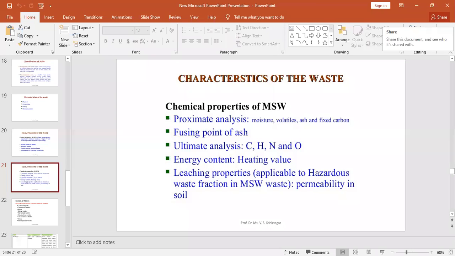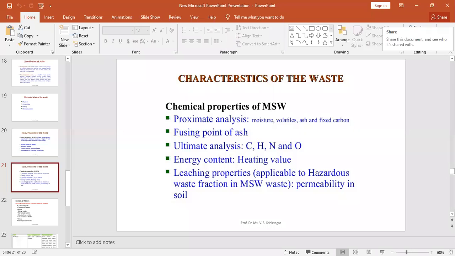Why should we understand the leaching properties? Because that leachate is going to percolate into the soil. So how thick is it, what is the concentration of that leachate? If it is thick, then during percolation in the soil, the solid particles or organic impurities in solid form present in the leachate will remain at the surface and the liquid will pass.